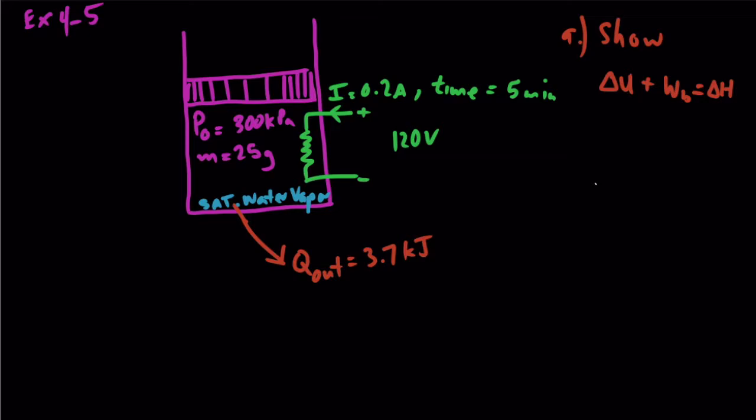So we're going to show you that the internal energy plus the boundary work gives us enthalpy. Let's go ahead and do that.